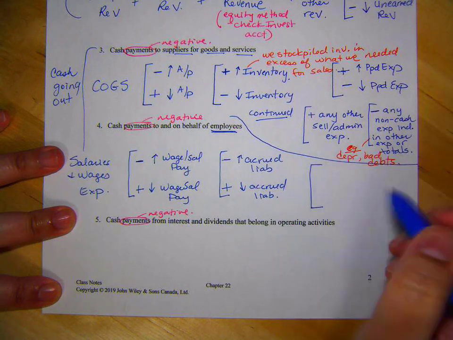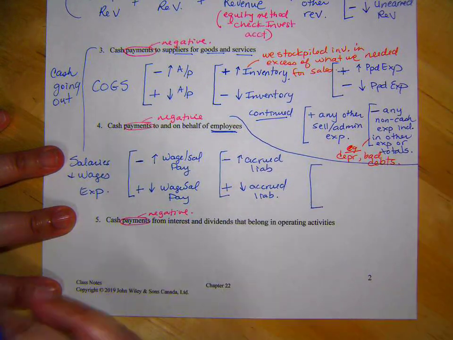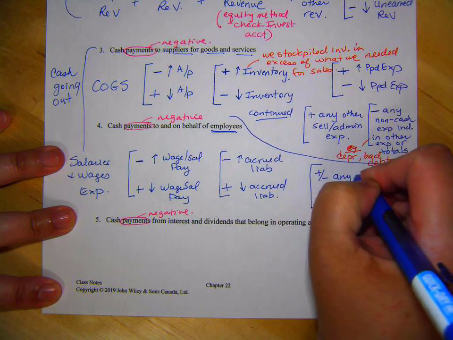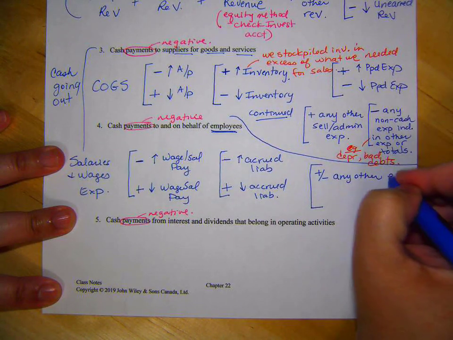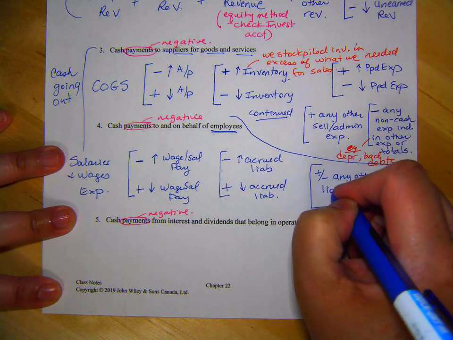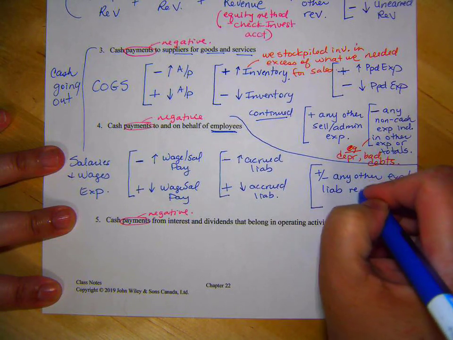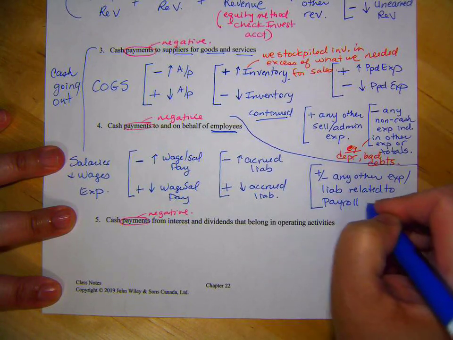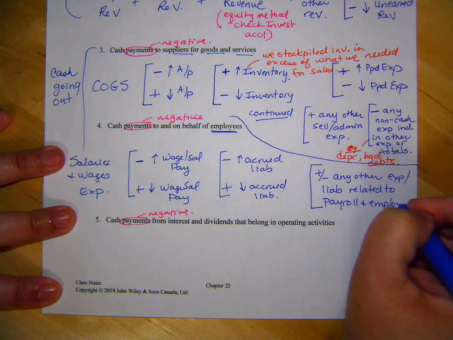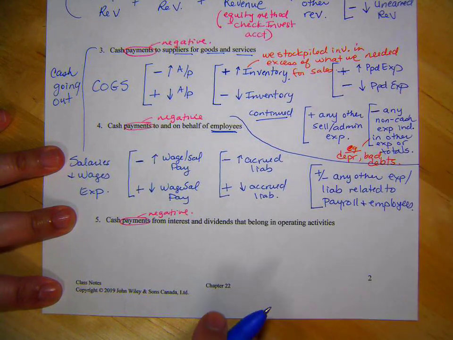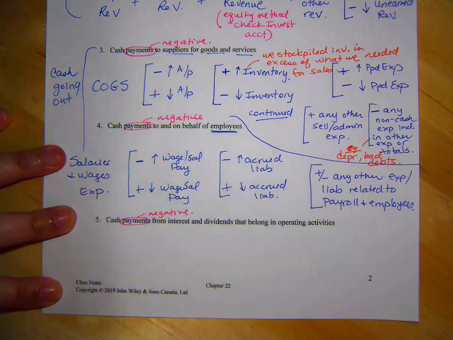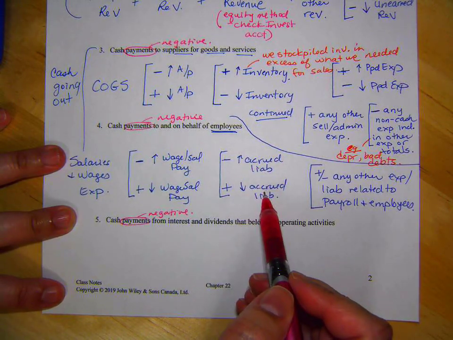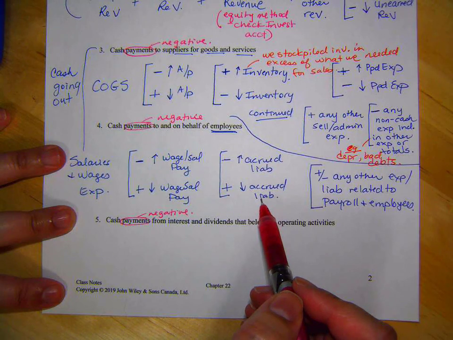Then again, the catch-all category, because every company is different: plus or minus any other expenses or liabilities related to payroll and employees. So, for example, these might be CPP payable.